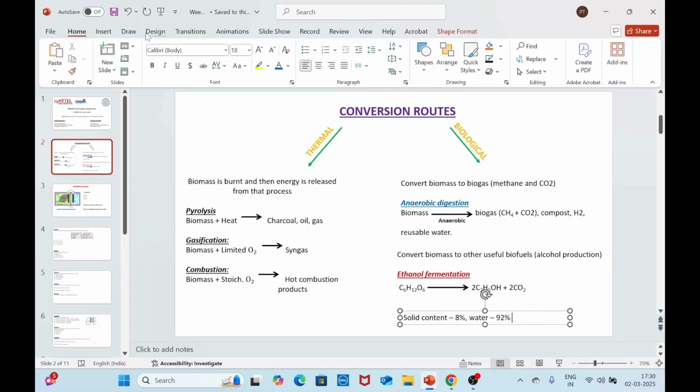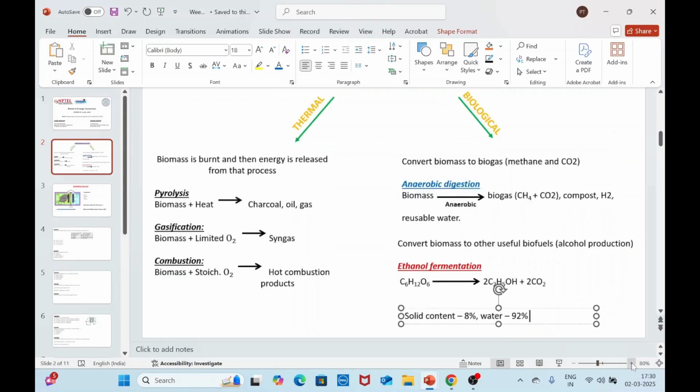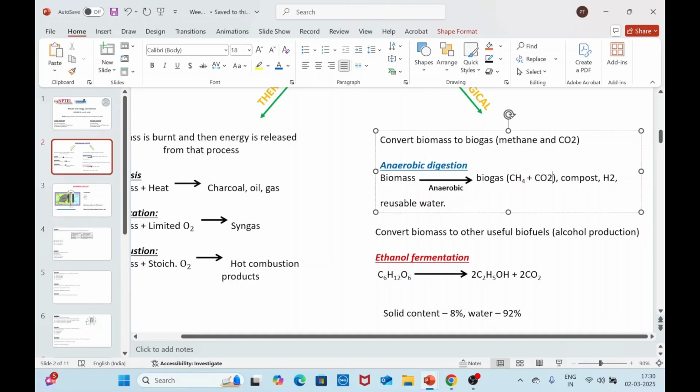So after this, biogas is the main product, as we said. The biogas composition is predominantly going to be methane and carbon dioxide. However, it also has other components.